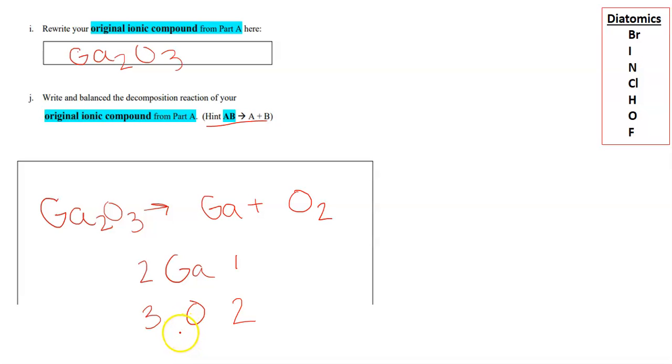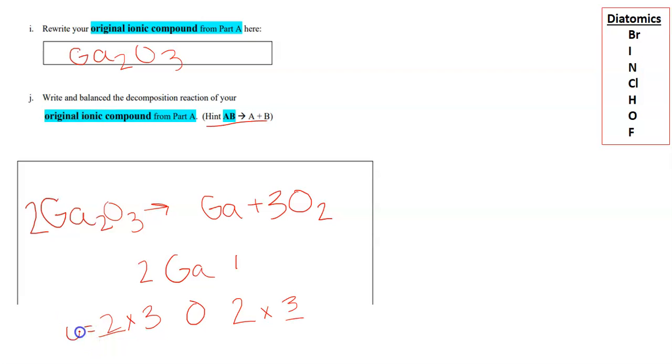So I'm going to make them equal to 6. I'm going to multiply this side by 2 to equal 6, and I'm going to multiply this side by 3 to equal 6. So the numbers I wrote in the blanks here in these lines are the big numbers that I need to go back and write in my reaction.